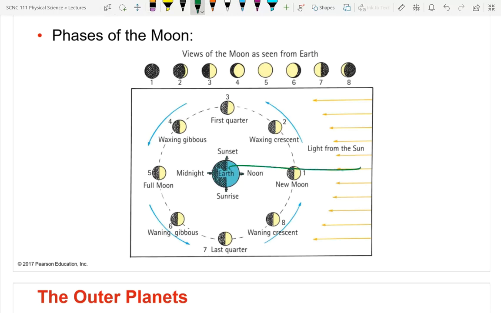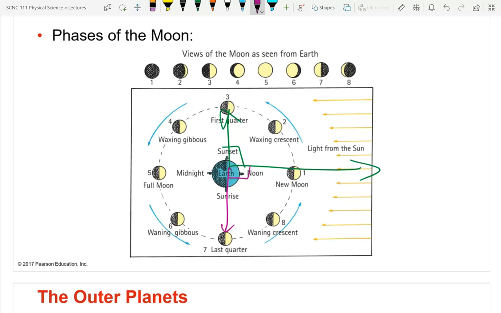You would have one finger pointing that way, one finger pointing that way at first quarter, and likewise at third quarter, you have a 90-degree angle between the direction toward the sun and the direction toward the moon. Thus, one half of the moon is lit up and one half is not lit up, if it's a first or third quarter.